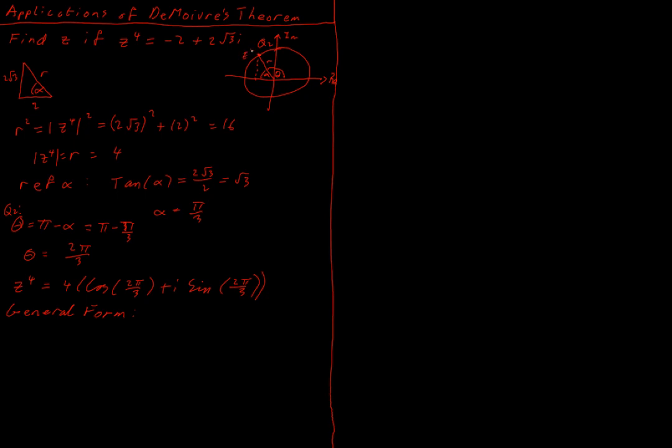So they're all valid solutions. So the most general version of z to the 4 includes an acknowledgement of that fact, and this is going to help me when I get my fourth root to find all of my different possible solutions.